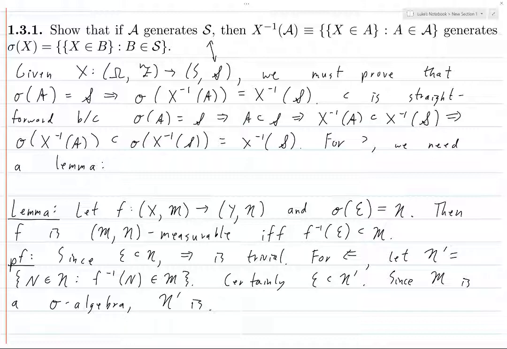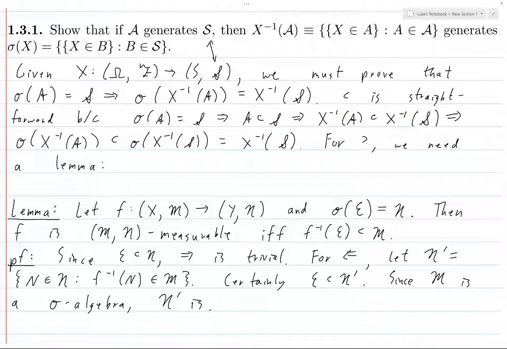So if you have a collection of sets in N prime and you take their union, like a countable union, then f inverse of the countable union will be the union of the inverses. And since all of these things will be in M, and since M is a sigma algebra, the resulting set will be an element of M.